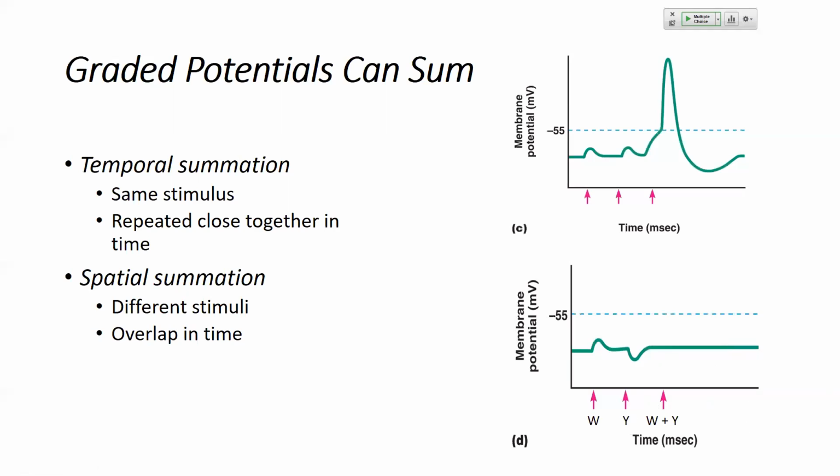Here we did not generate an action potential, again, because of that inhibitory stimulus, which sort of impedes us or blocks us from getting to an action potential. Alrighty? If these were two positive stimuli, then you would generate an action potential. So that's temporal summation and spatial summation. Temporal is going to be the same stimulus. Spatial is going to be two different types of stimuli.